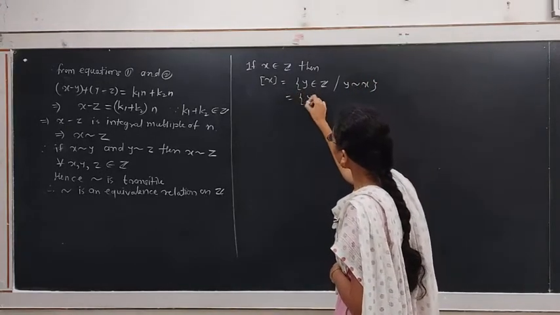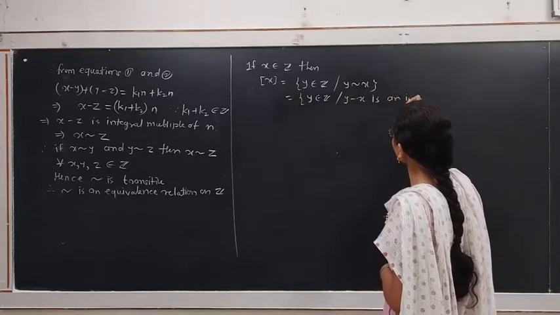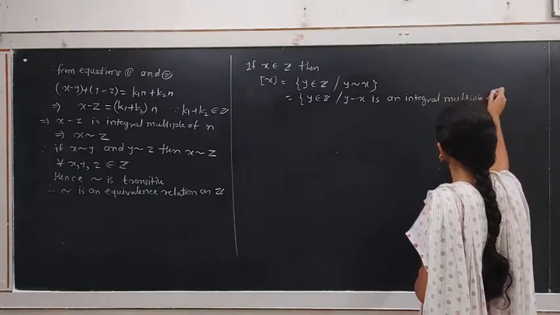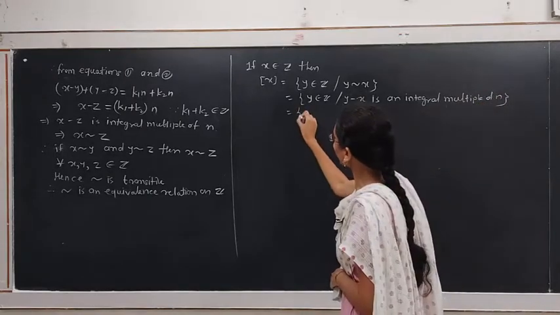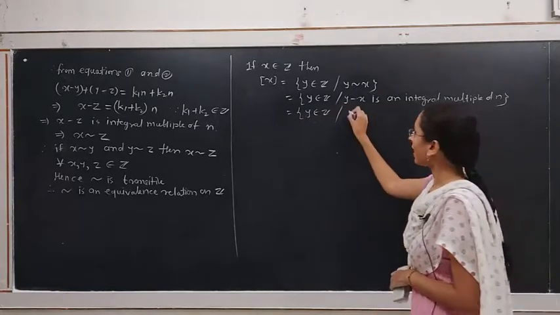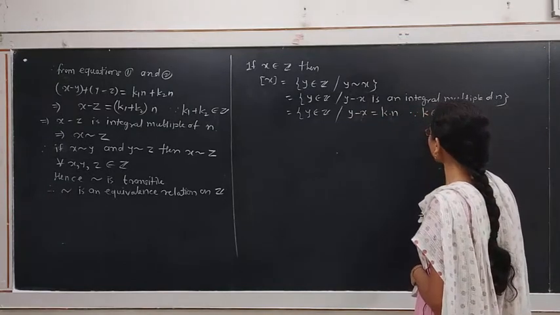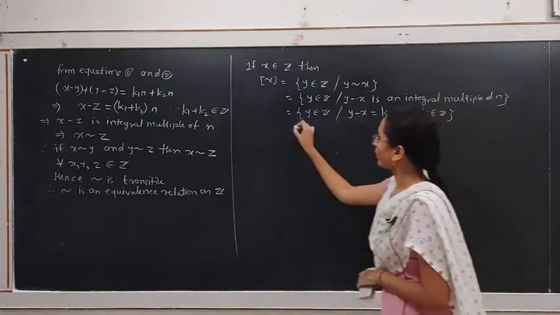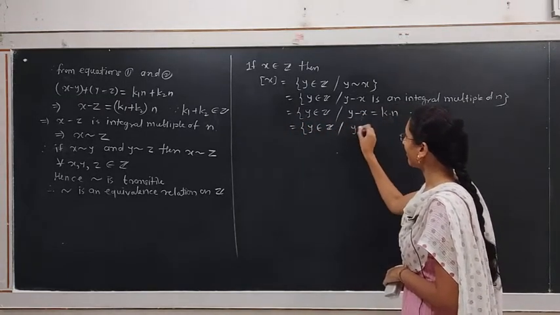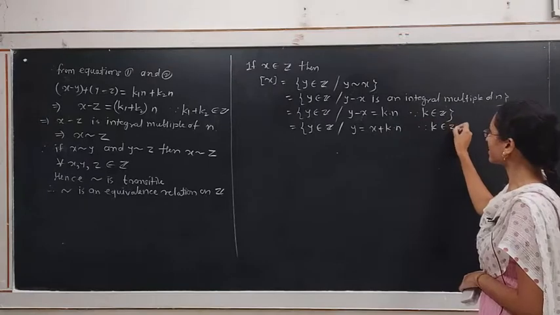This is equal to the set of y belongs to Z, where y minus x is an integral multiple of n, which means y minus x is equal to k into n, where k belongs to Z. Hence, the set is the set of all elements y belongs to Z, where y is equal to x plus k into n, where k belongs to Z.